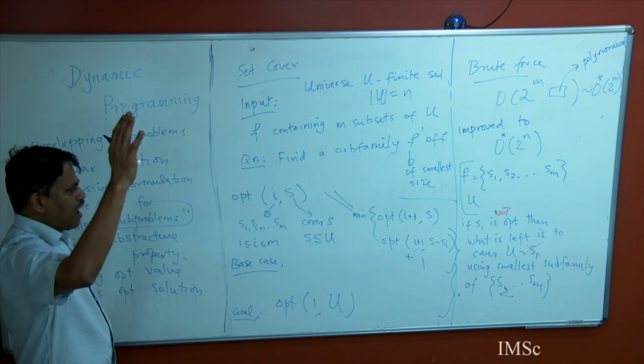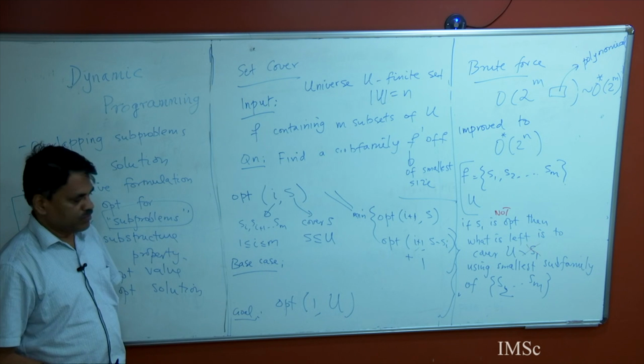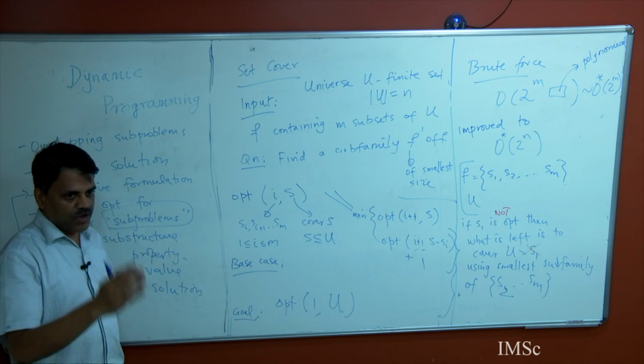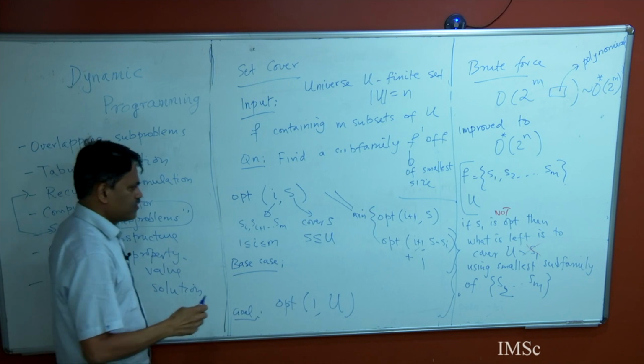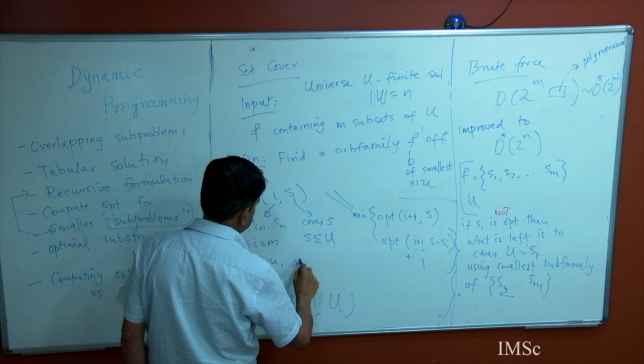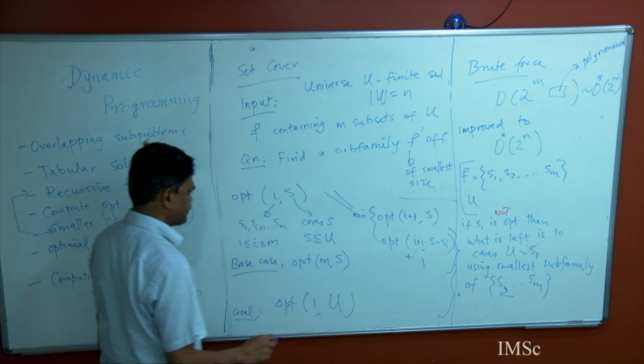So the base case would be i equal to m, the last column, because I am computing column by column. If i is the column number I am computing, what is the base case for opt of m, S?